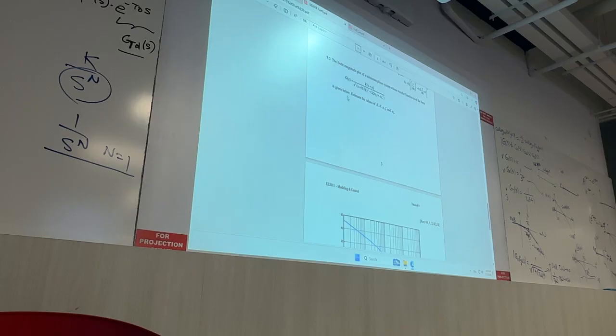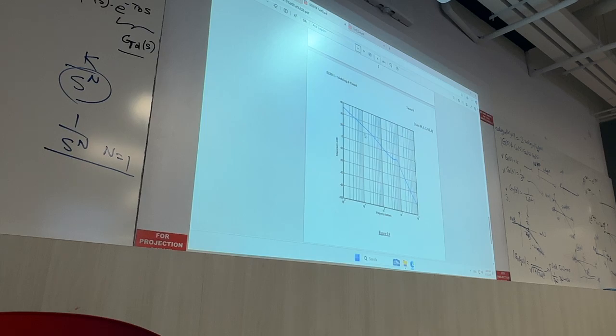So for problem 5, we are given the transfer function in this form, but we don't know the parameters n, k, a, damping ratio, and natural frequency. We don't know all this. So from here, we need to identify all these parameters.